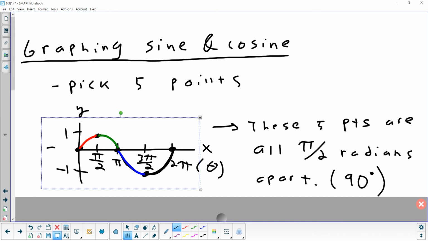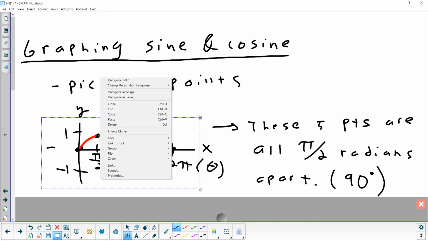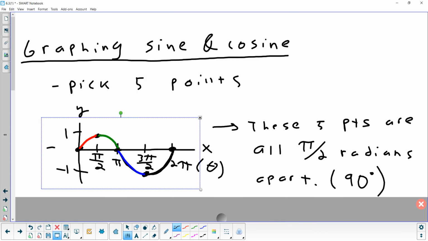Now, I've used radians. Pi over 2 is 90, pi is 180, 3 pi over 2 is 270, and 2 pi is 360. So all these points are exactly pi over 2 radians, or 90 degrees, apart from each other.